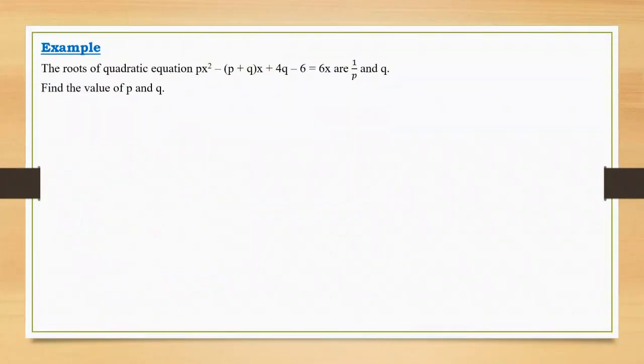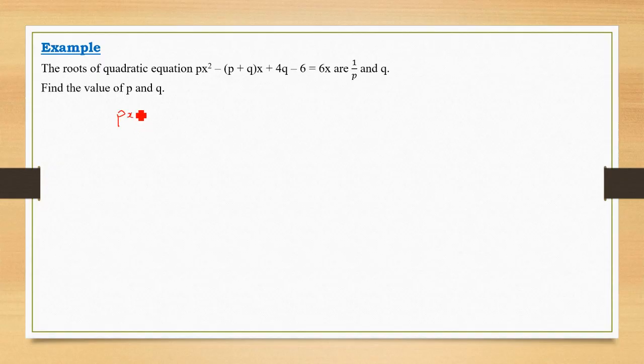Okay, so let's look at another question. Remember forming a quadratic equation, or if you are given a different type of roots. So you're given this quadratic equation and they say the roots are 1 over p and q. Find the values of p and q. So first of all, let's write out this equation. Remember, your equation on the right hand side must be 0. This is not 0, so you have to bring everything across.